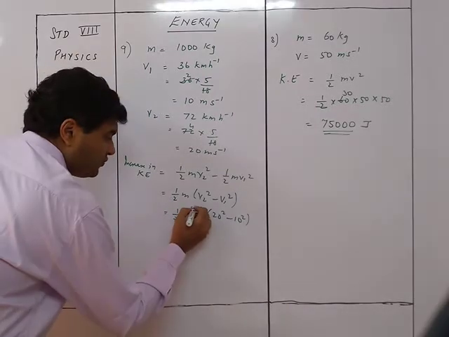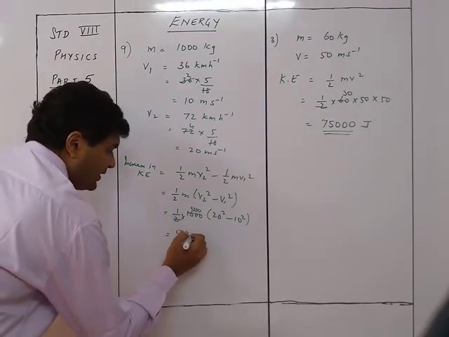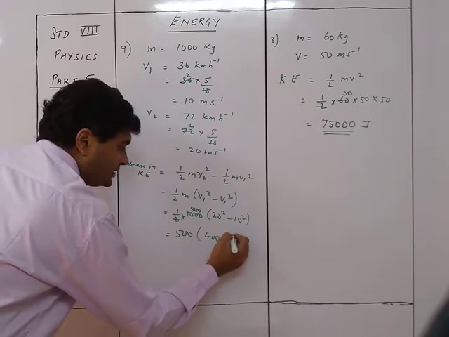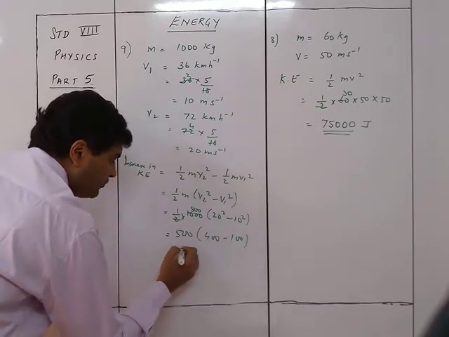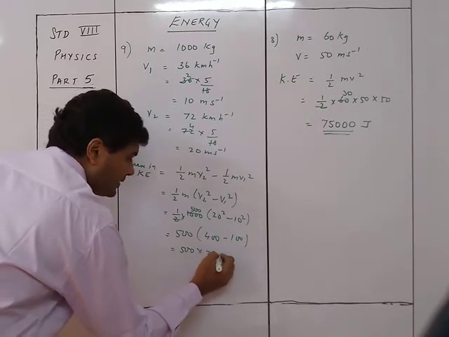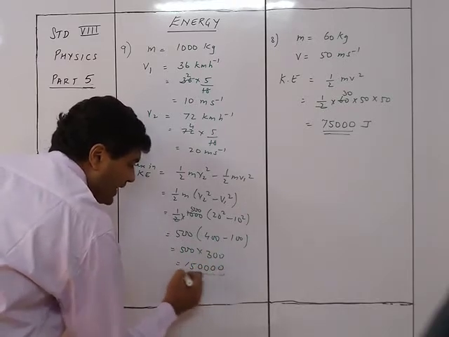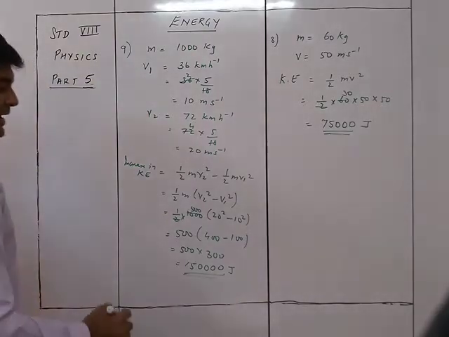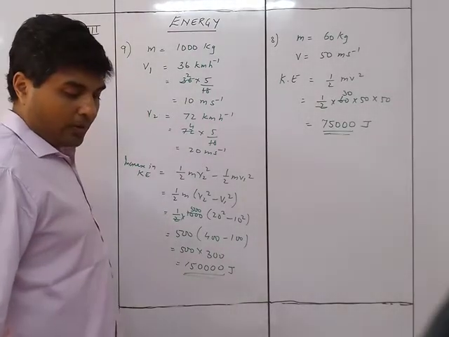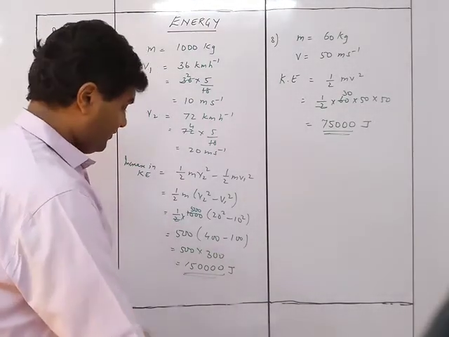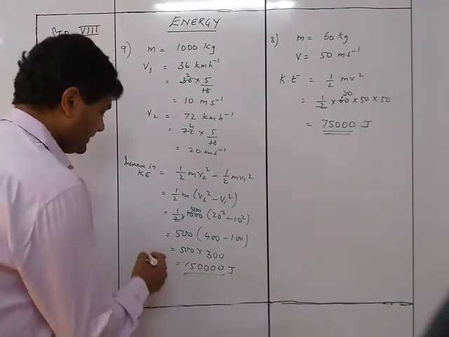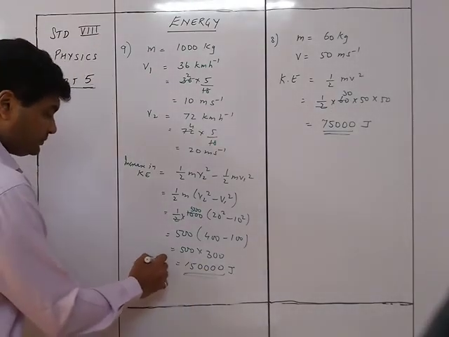So this cancels to 500. So it's 500 into 400 minus 100, which is 500 into 300, which is 150,000 joule, or 1.5 into 10 raised to 5 joule. That is the change in kinetic energy.